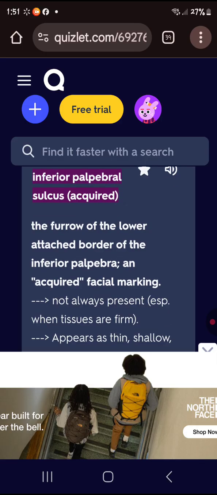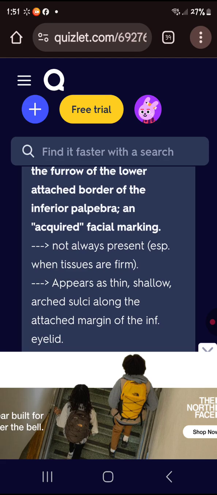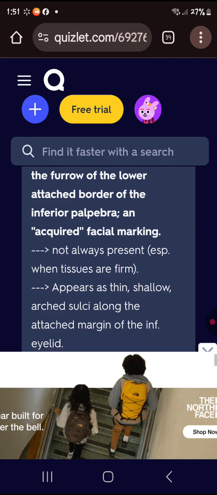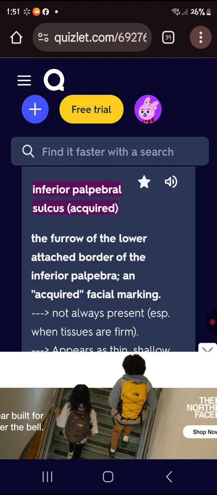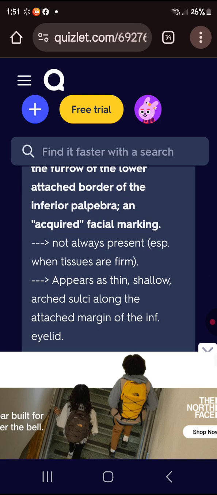Inferior palpebral sulcus. So looking at that, you immediately know lower eyelid wrinkle right out the gate. But the fancy definition is the furrow of the lower attached border of the inferior palpebra. That's a lot of fancy words to say the lower eyelid wrinkle. Let's hear it again.